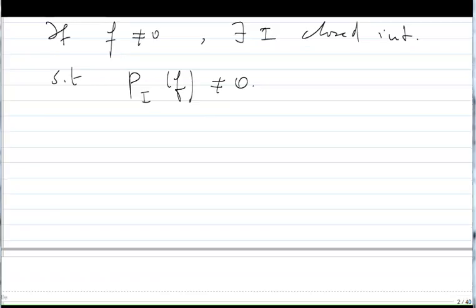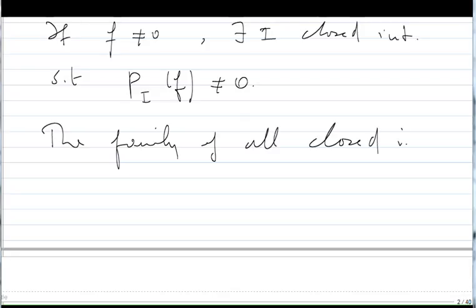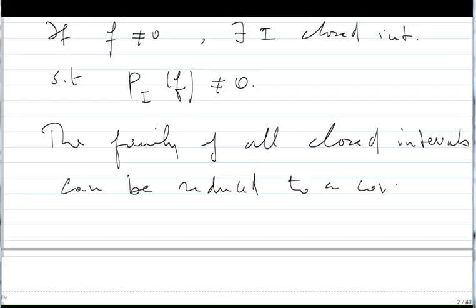One more thing is that if we look at the family of all closed intervals on the real line, we can restrict, instead of taking all the closed intervals, and generate the same information with a countable family of closed intervals.